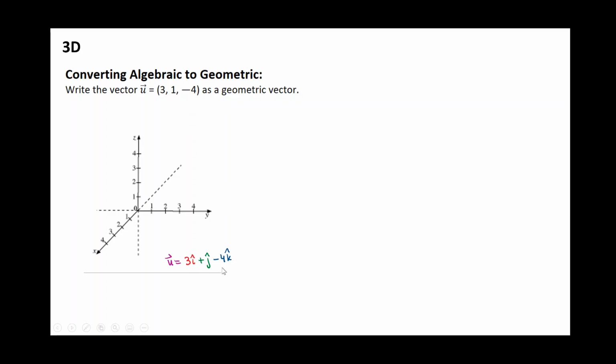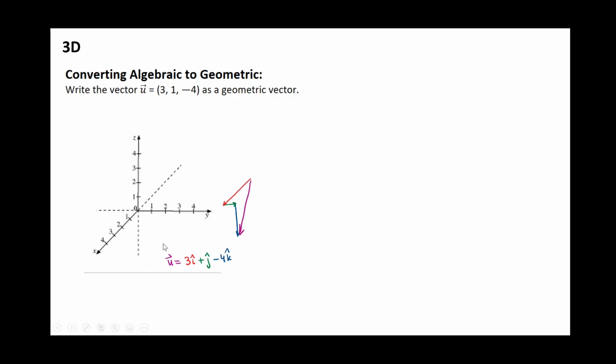So 3i hat, let's draw this without using the grid. It's very hard to tell what's happening here. But this is supposed to be showing you that it's going 3 units straight at you, then 1 unit to the right, and then 4 units down. And the overall vector would be from where it began to where it ended up.